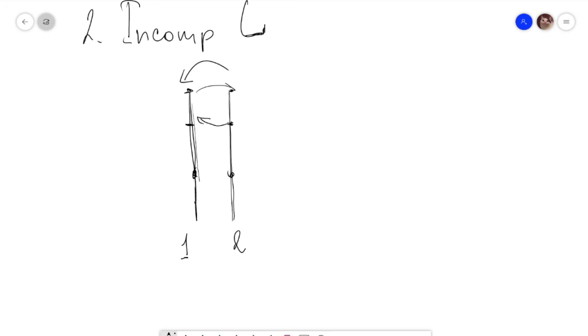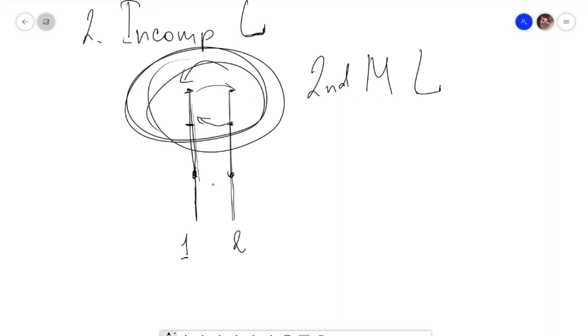Okay, and the action of the second Mendelian law: the process of crossing over is the base of the second Mendelian law, because this process makes a recombination of new genotypes.